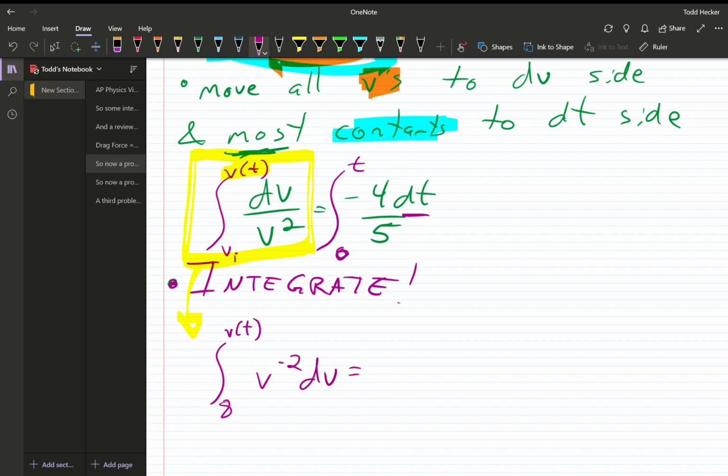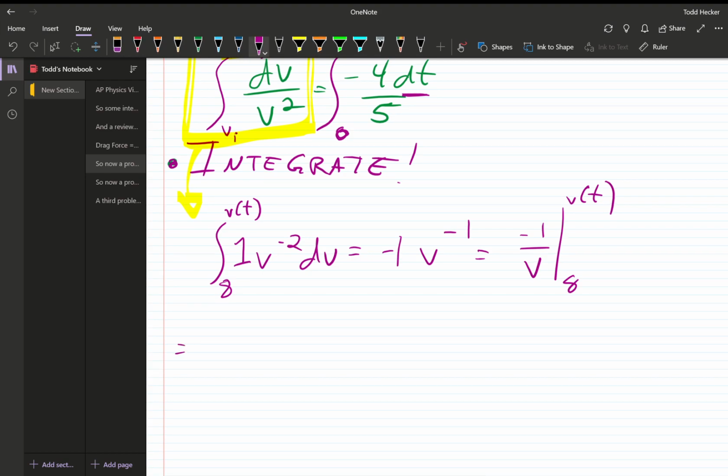Which is, well, I have to increase my power by 1. What do I have to multiply negative 1 by to get 1? Negative 1. Which is the same as negative 1 over v. But then I have to evaluate it at 8 and at v of t.